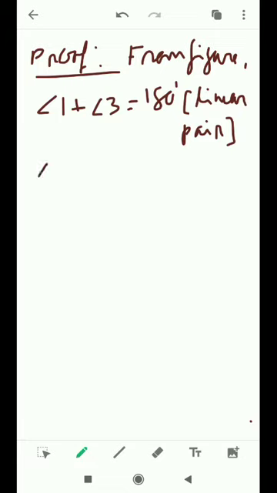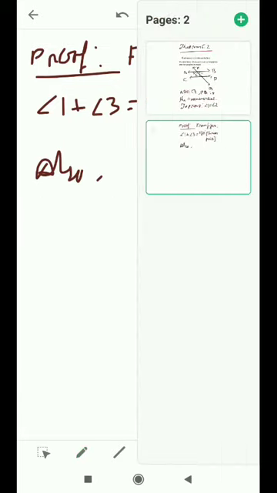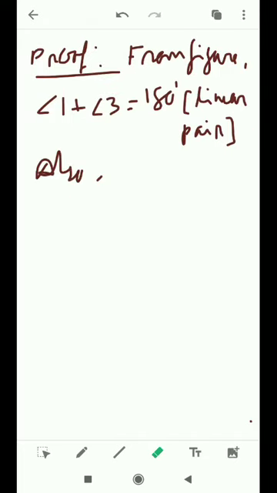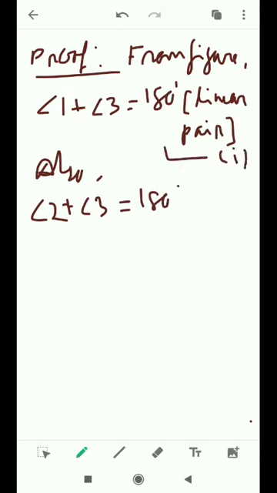And also we can see angle 2 plus angle 3 is also equal to 180 degrees, and the first one we will mark as equation number 1. 2 plus 3, why 180 degrees?